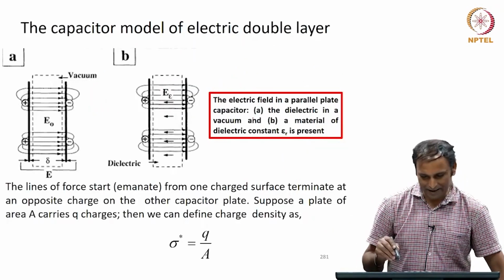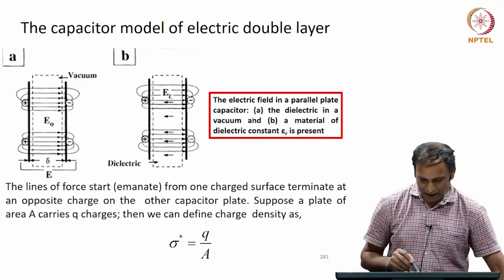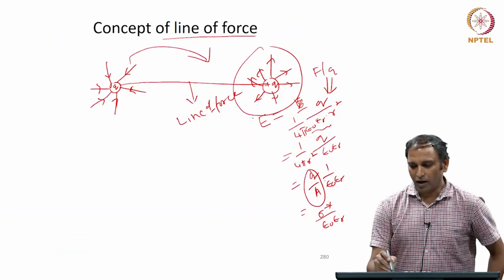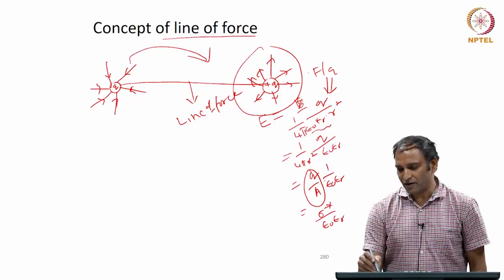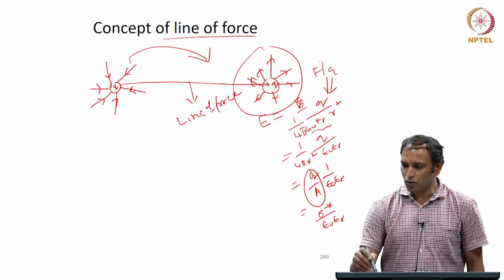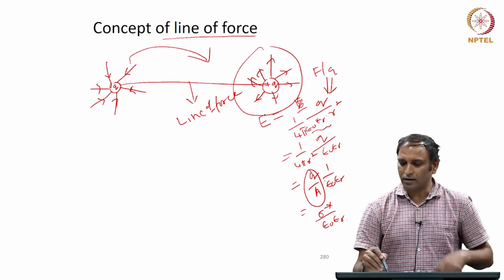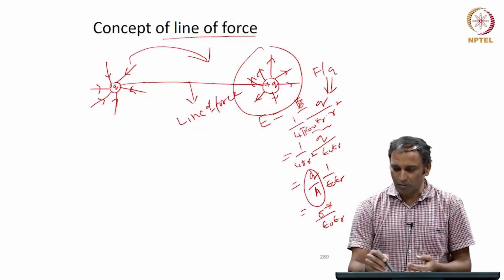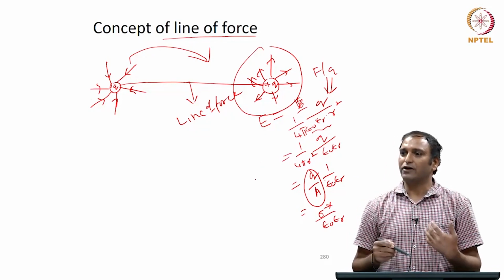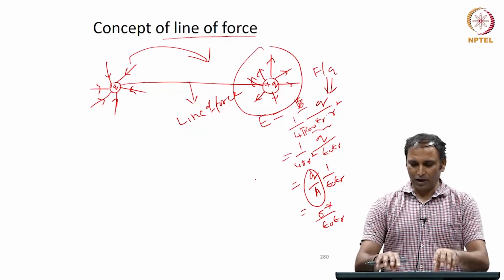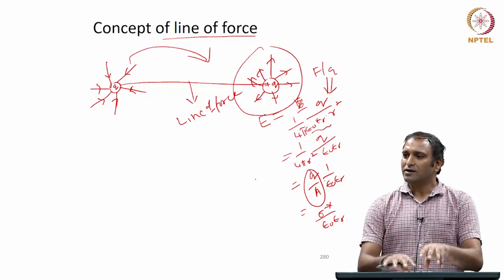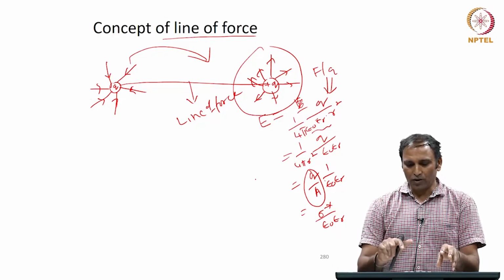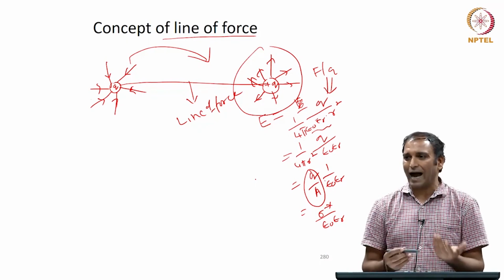So we are going to use a concept like this. It is the same as a field line. When I wrote this field line, instead of calling it lines that come out because of the field, I can also say that if I have two charges, there is going to be some force of attraction or repulsion, and this force is going to act along some line.